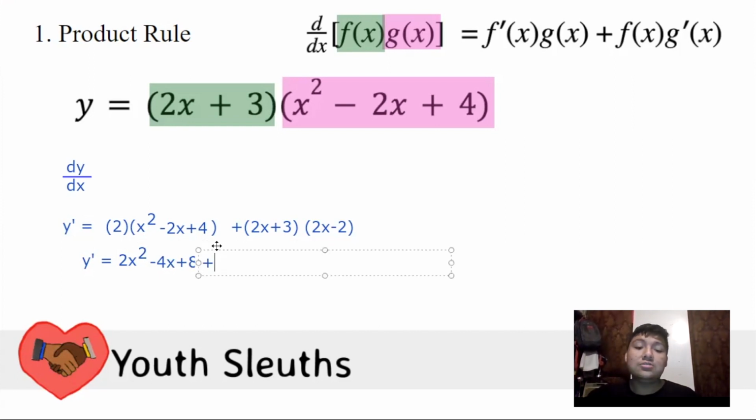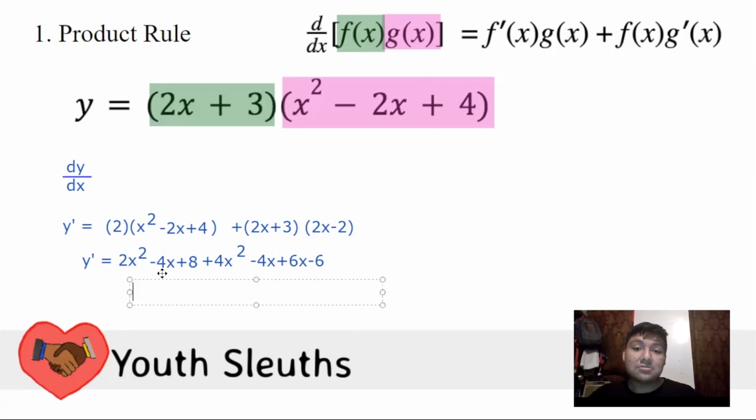Now, for 2x plus 3 times 2x minus 2, we could FOIL and simplify more. So 2x times 2x would be 4x squared. 2x times minus 2 would be minus 4x. 3 times 2x would be plus 6x. And then 3 times negative 2 would be minus 6. Now our final step would be to combine all like terms.